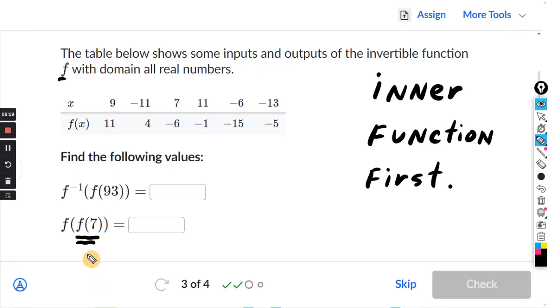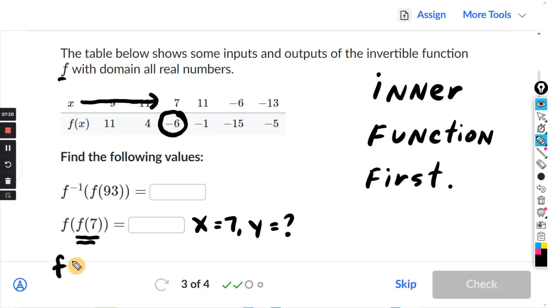That means you want to go to x equals 7 and find the y coordinate. For f of 7, my y coordinate is negative 6. So I'm going to replace f of 7 with negative 6.